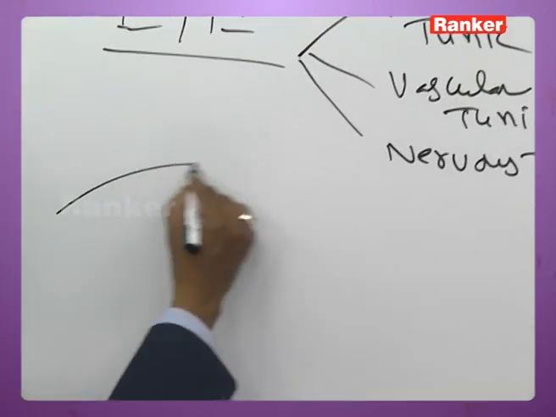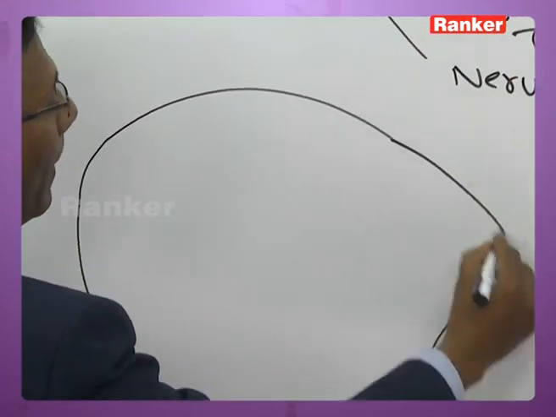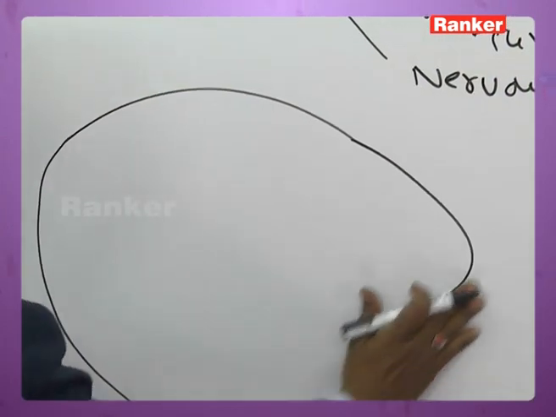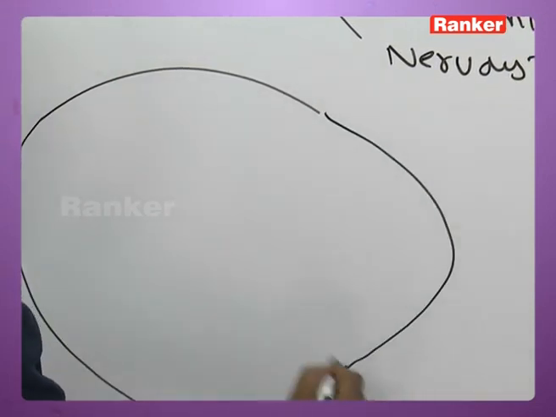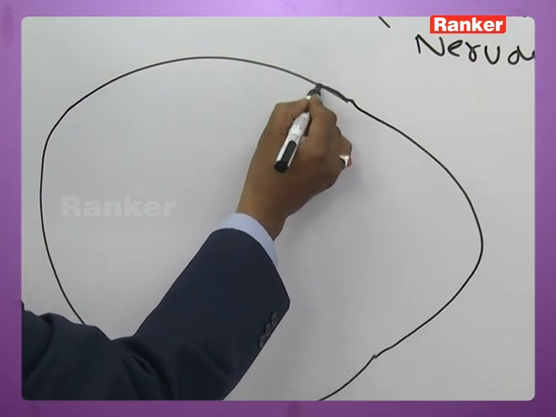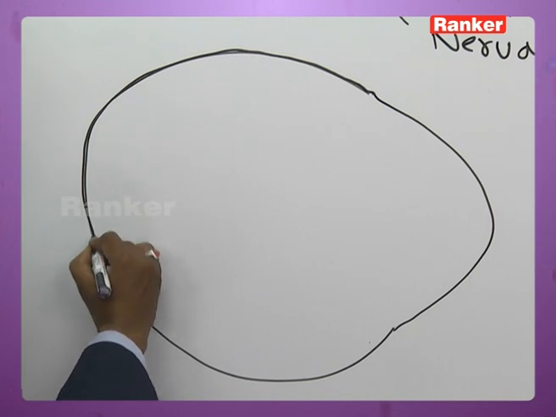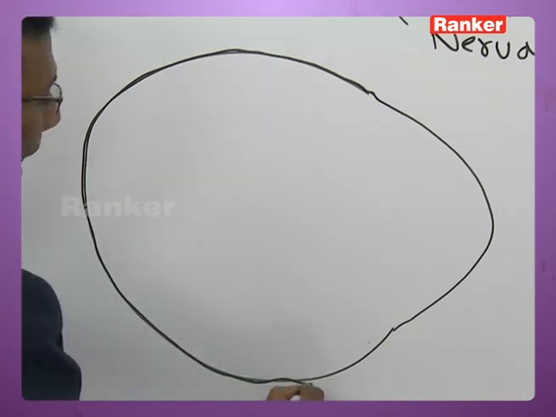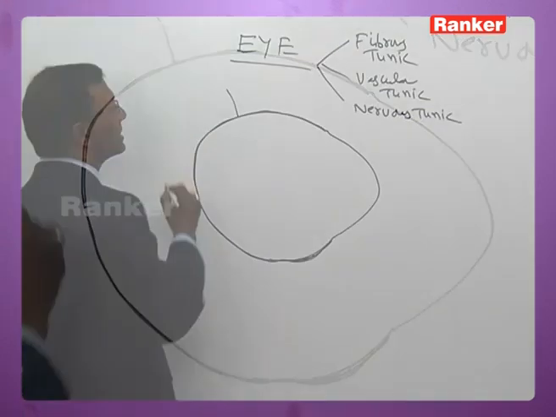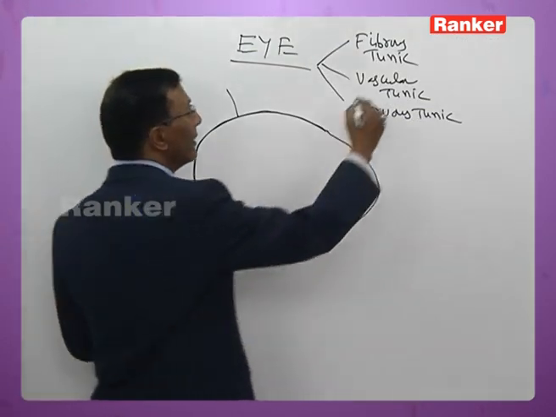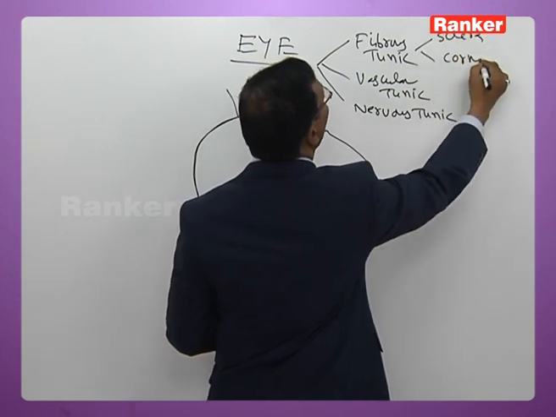Now this entire thing is the fibrous tunic. It is made up of fibroelastic connective tissue with numerous collagen fibers. This fibrous tunic is in turn divided into sclera and cornea.